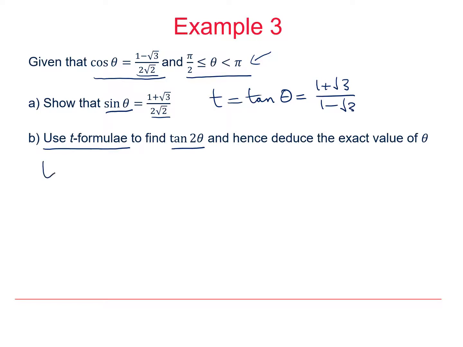So tan 2 theta is going to be equal to 2t over 1 minus t squared.